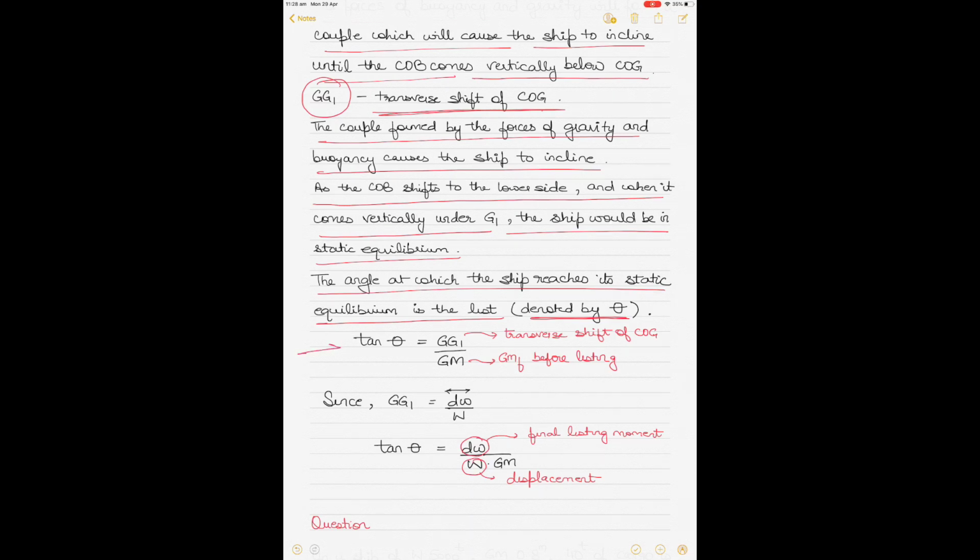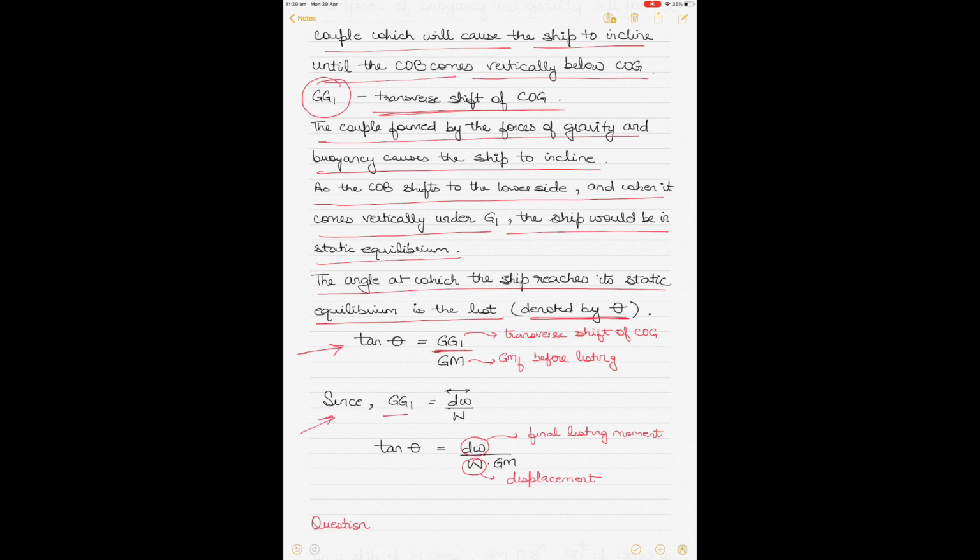So tan theta equals GG1, the transverse shift of the center of gravity, divided by GM, which is the GM final before listing.